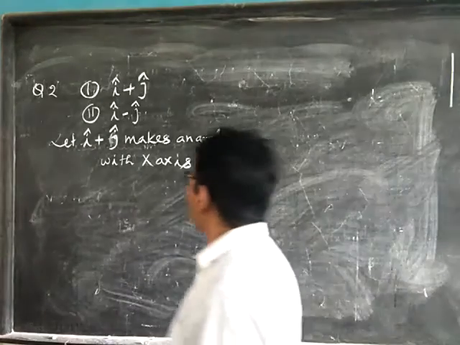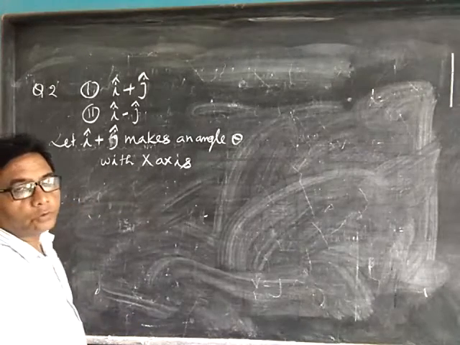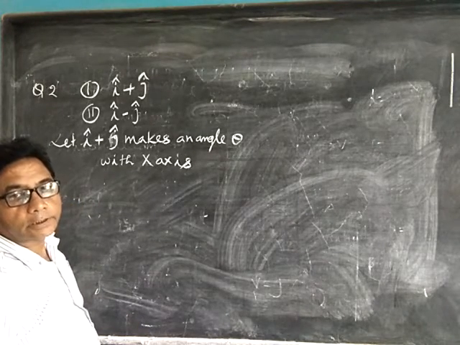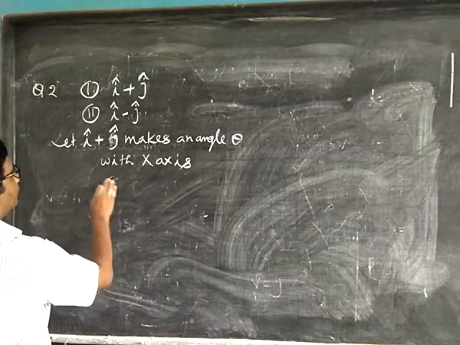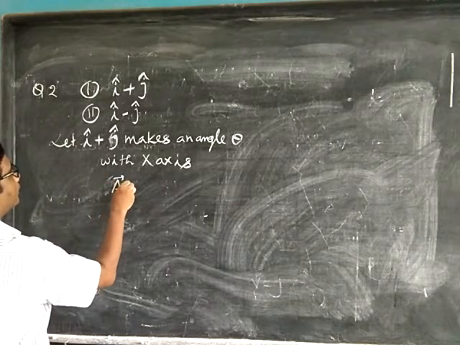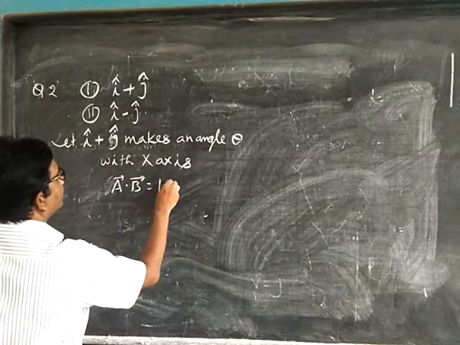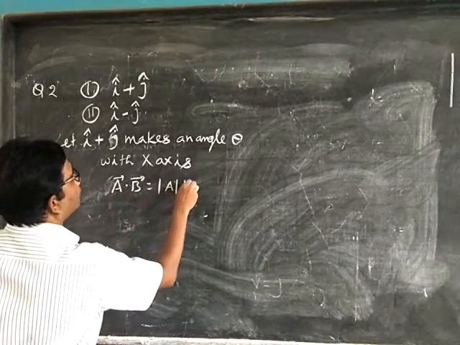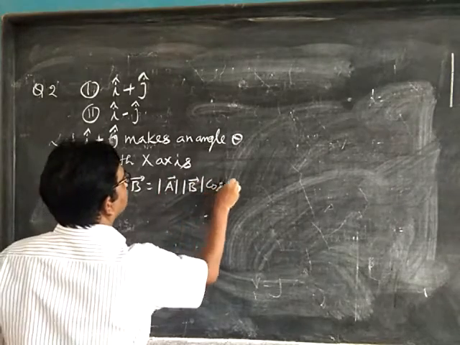Then we know the formula: A dot B is equal to mod A, mod B, into cos theta.